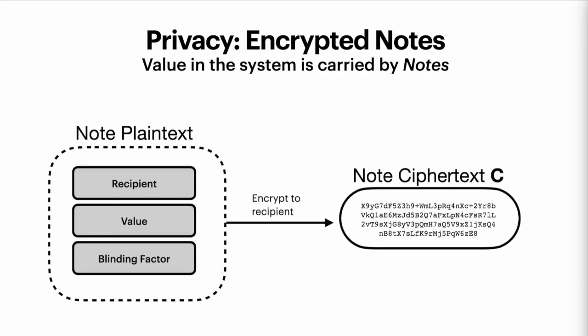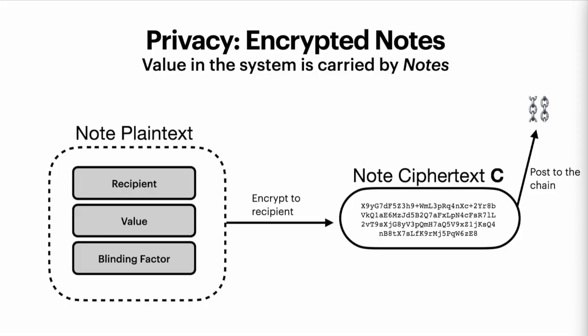Inside the note plaintext is all the stuff that we wanted to keep private: who the note's going to, the recipient, the value that's being transacted, so 1 ZEC or whatever. And then we're going to need a little bit of randomness that we'll talk about later called a blinding factor. Each note is only going to be used once. When you spend a note, it's no longer spendable. You release the value of that note into the transaction that it's spent in, and then you can use that to mint other notes.